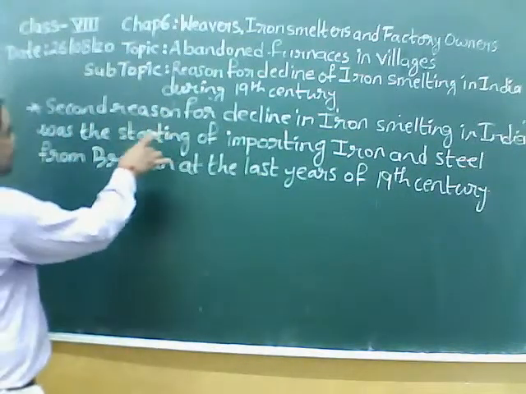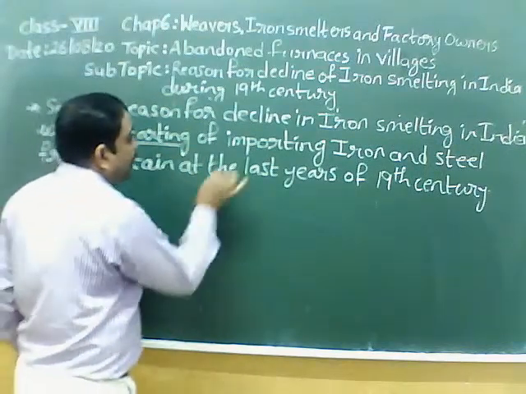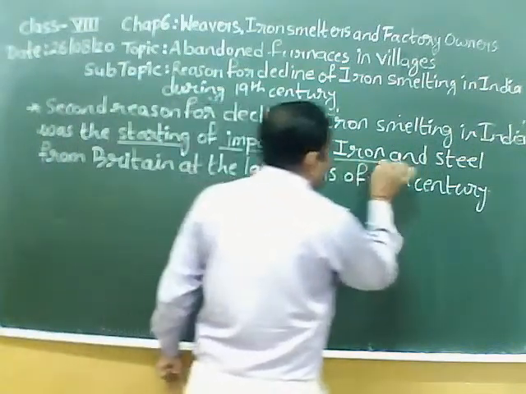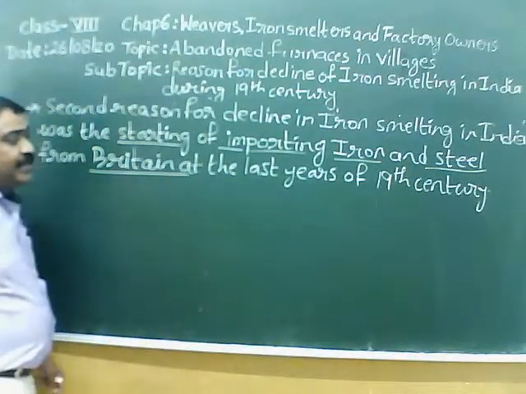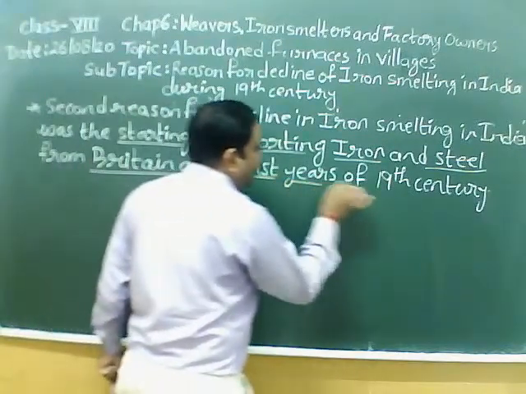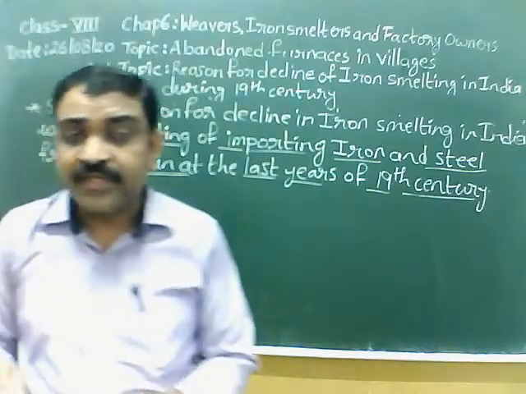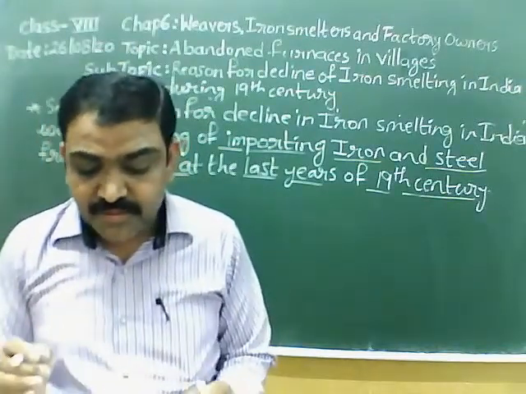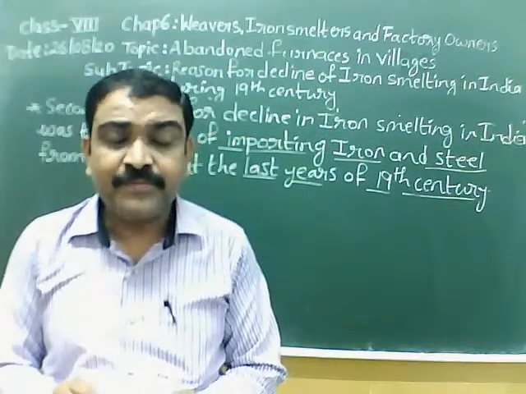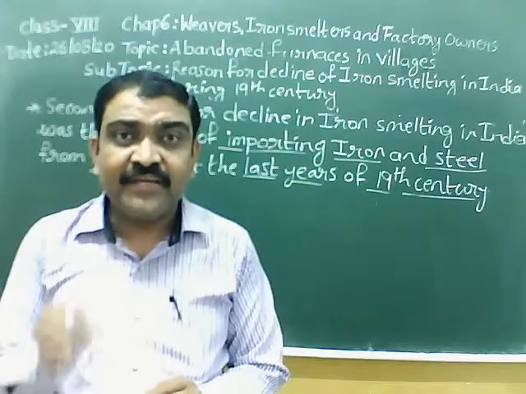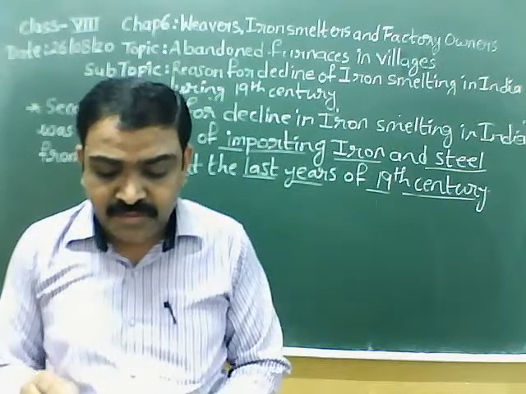The second reason for the declining iron smelting industry was the starting of importing iron and steel from Britain in the last years of the 19th century. During the late 19th century, the British government in India started importing iron and steel from Britain.